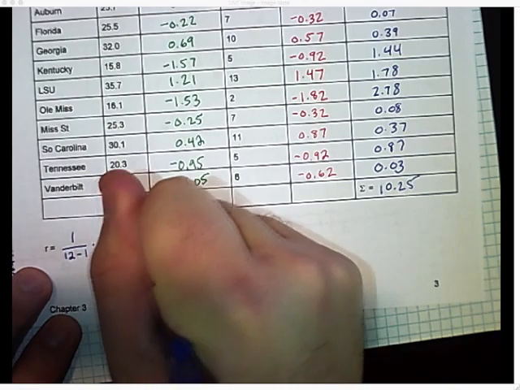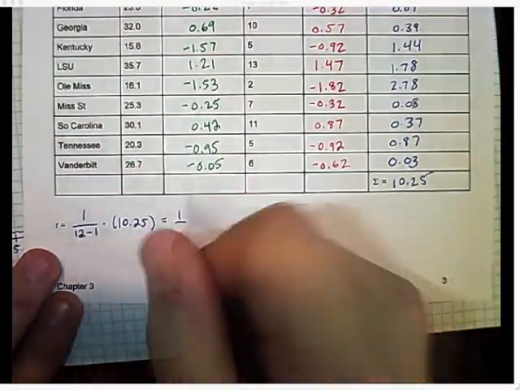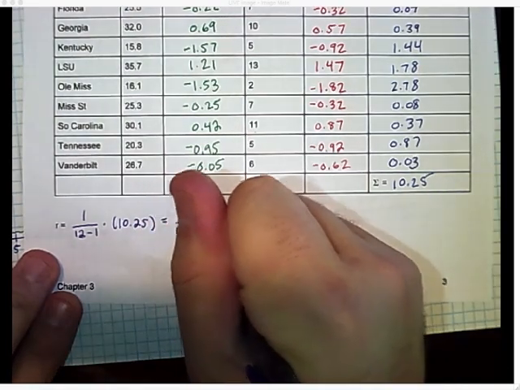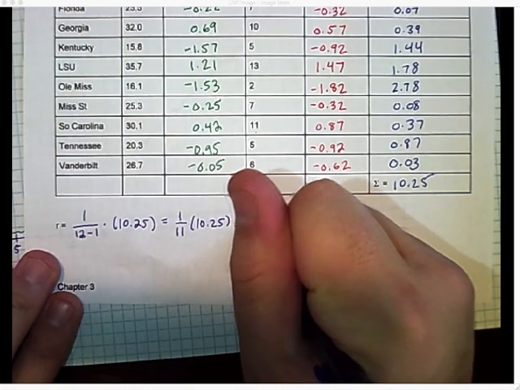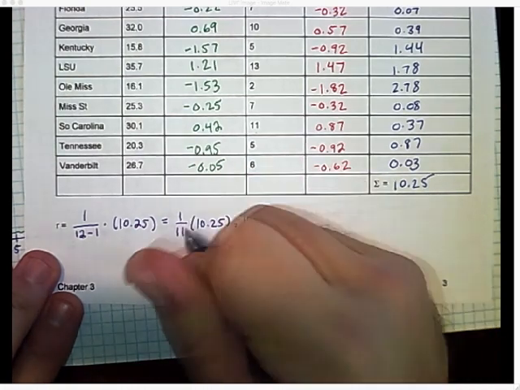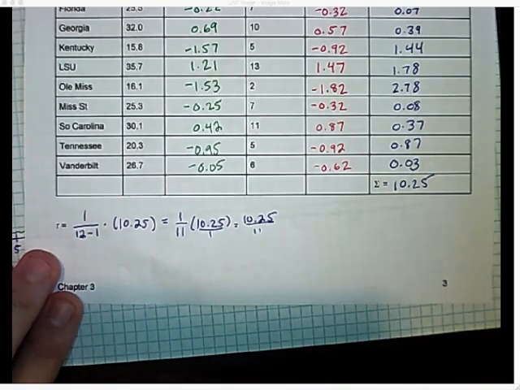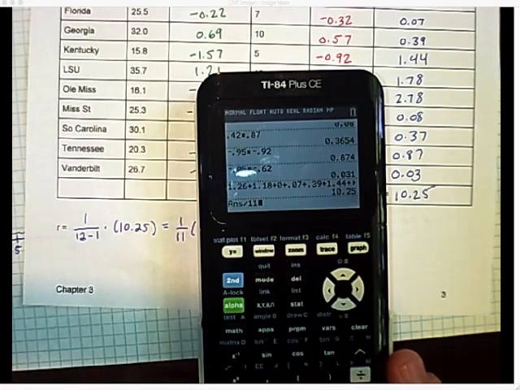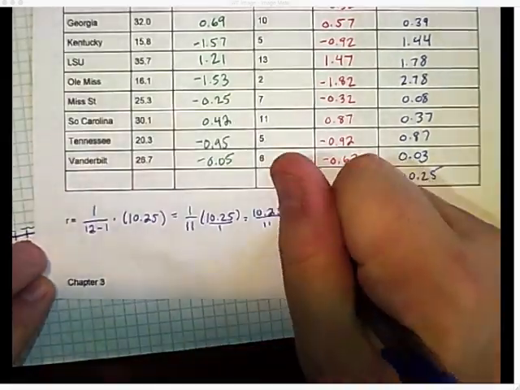If you simplify this, 12 minus 1 is 11. So 1/11th times 10.25, which is really 1 times 10.25 over 11. So all we have to do is take 10.25 and divide it by 11, and we get 0.93.